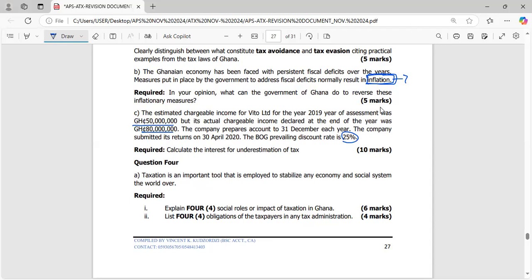What you do first is calculate the tax payable on the chargeable income. So the estimated tax will be 25% of 50 million.